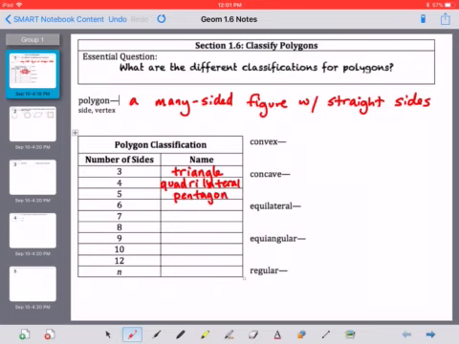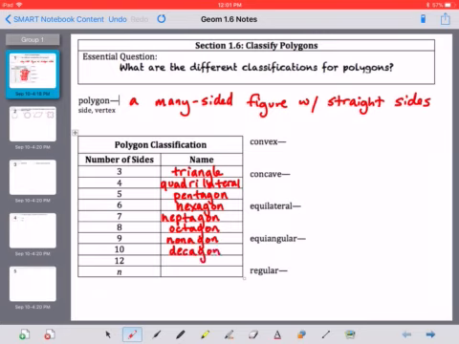Fun fact. 6 sides is a hexagon. 7 sides is kind of a weird one. It is a heptagon. 8 sides is like a stop sign, which is an octagon. 9 sides is a nonagon. 10 sides, like a decade, is a decagon.